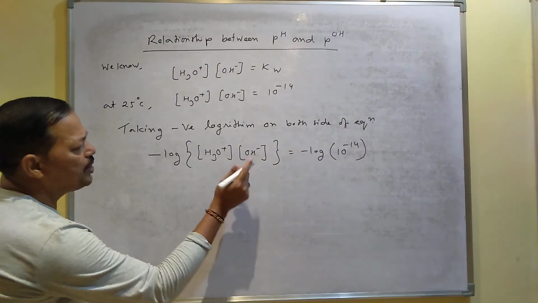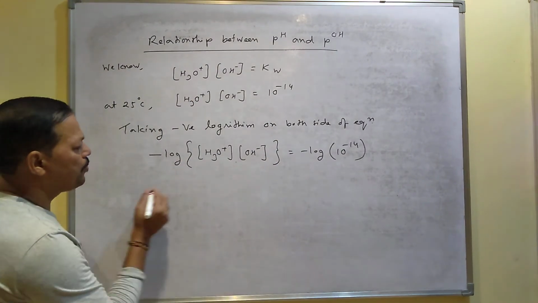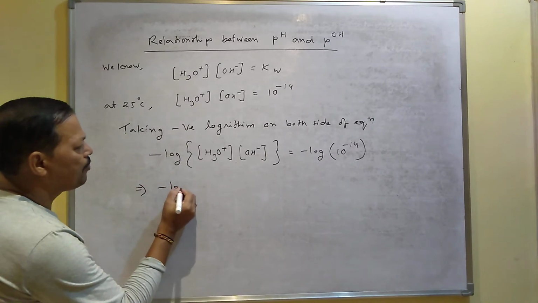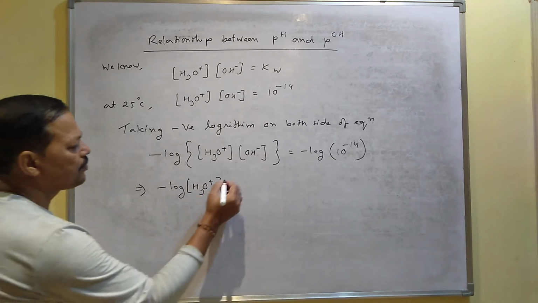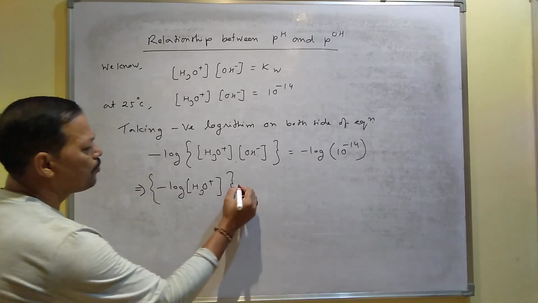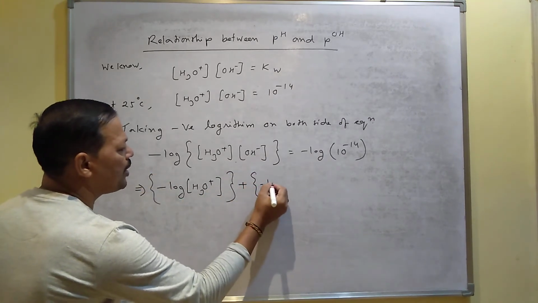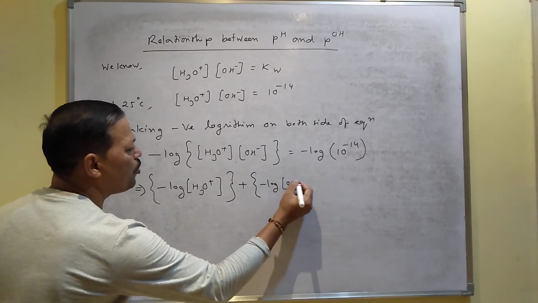Log of A into B, you can write as log A plus log B. Ultimately you can write minus log of concentration of hydronium ion plus minus log of concentration of OH minus ion.